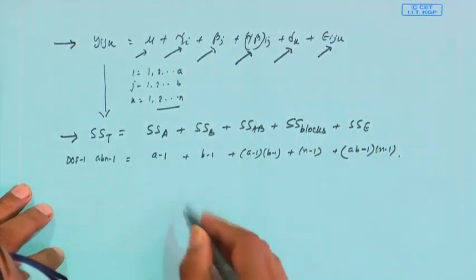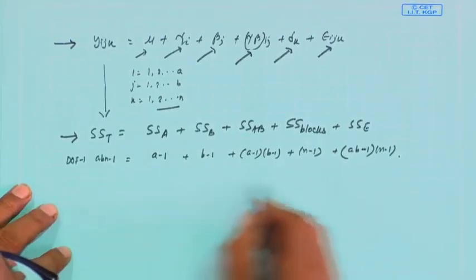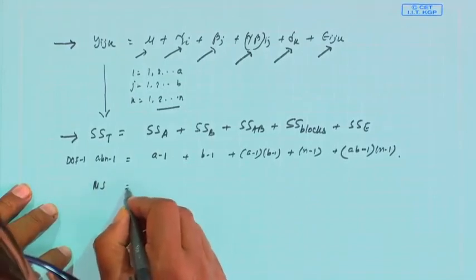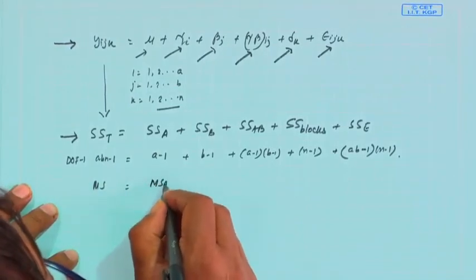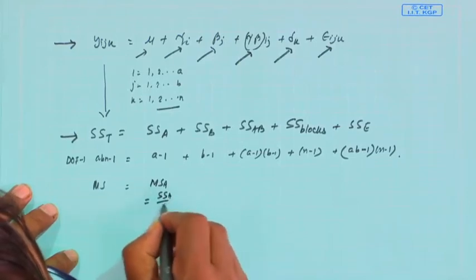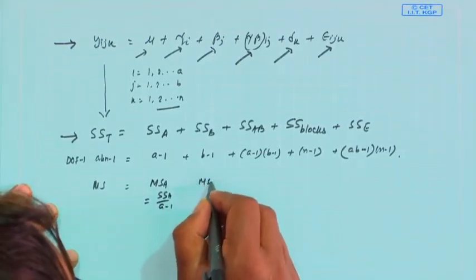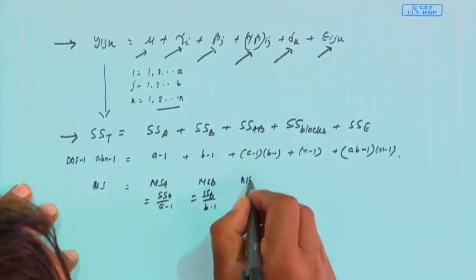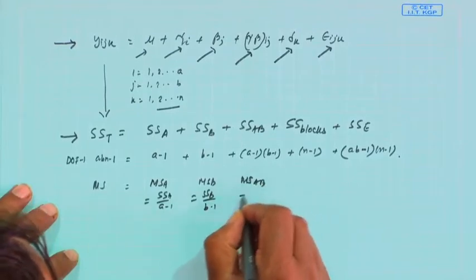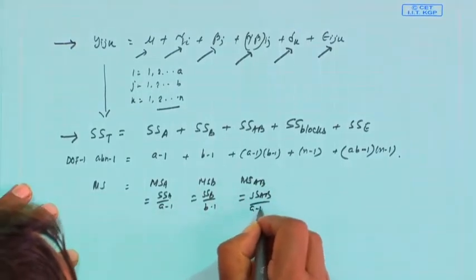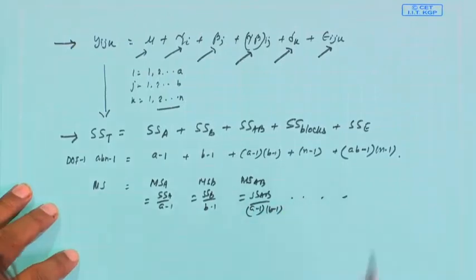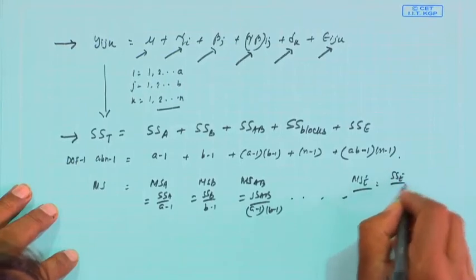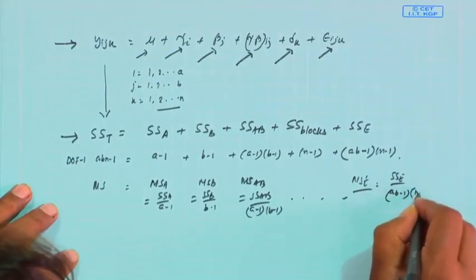Then if I want the corresponding mean squares, what will they be? MS A will be SS A by a minus 1, MS B will be SS B by b minus 1, MS AB will be SS AB by a minus 1 into b minus 1, and MS E will be SS E by ab minus 1 into n minus 1.